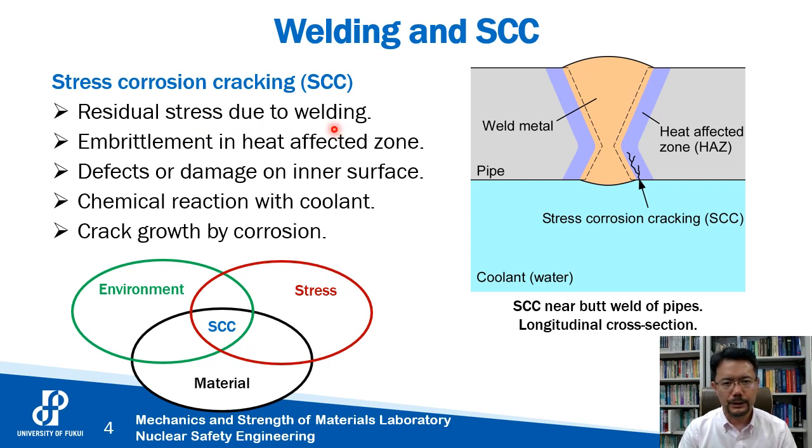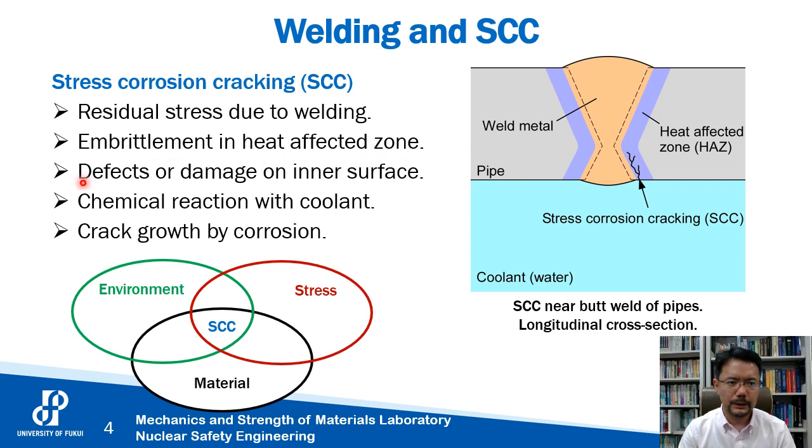And this residual stress is generated by the shrinkage of welded metal during the solidification process. And next to the welded metal, there is a heat-affected zone. In this area, the material is hardened by the welding heat. So most failures occur here.